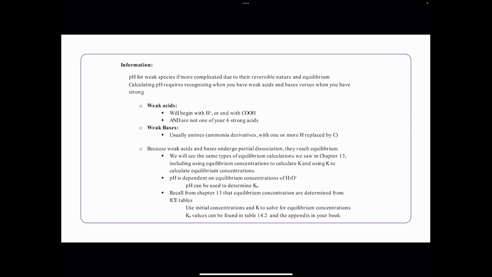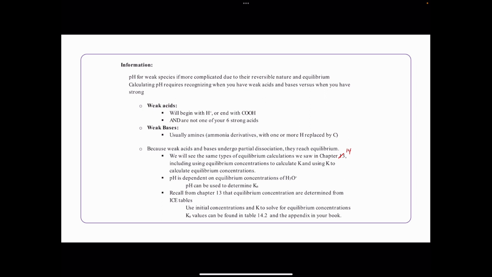And with equilibrium, we're going to see the same types of calculations that we did in our previous chapter. So we can use equilibrium concentrations to calculate equilibrium constants, or we can use equilibrium constants to calculate equilibrium concentrations.